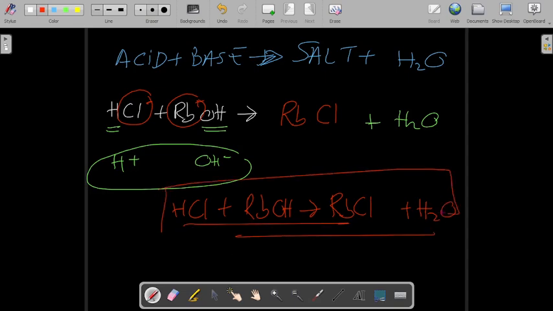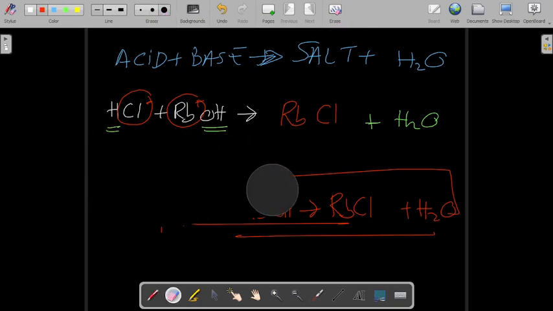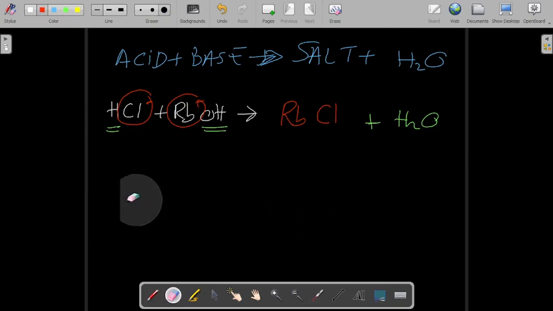And then you say, I'm done. So you can break it into pieces if you want to. That helps you see how it's worked. Or you just directly write the equation. Whatever works for you, I'm happy with either one as long as you keep the same number of atoms coming in and coming out. Remember, stoichiometry.